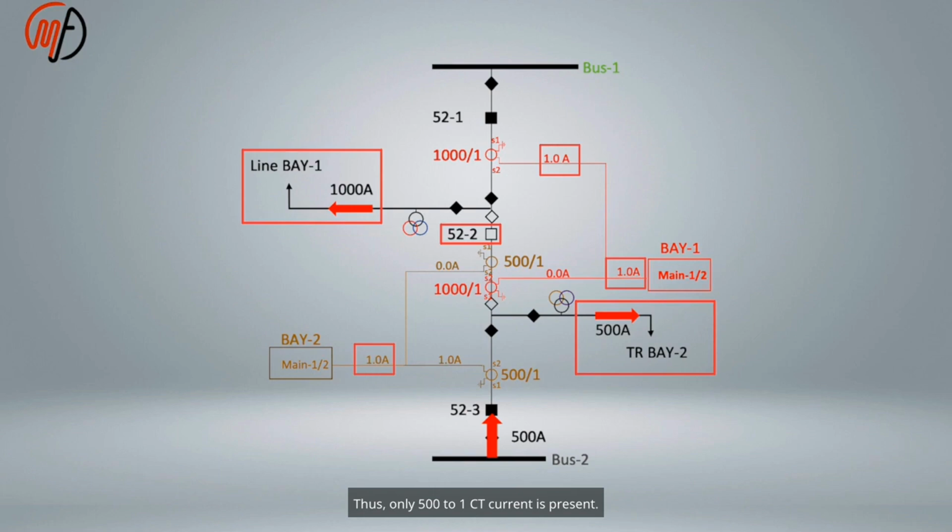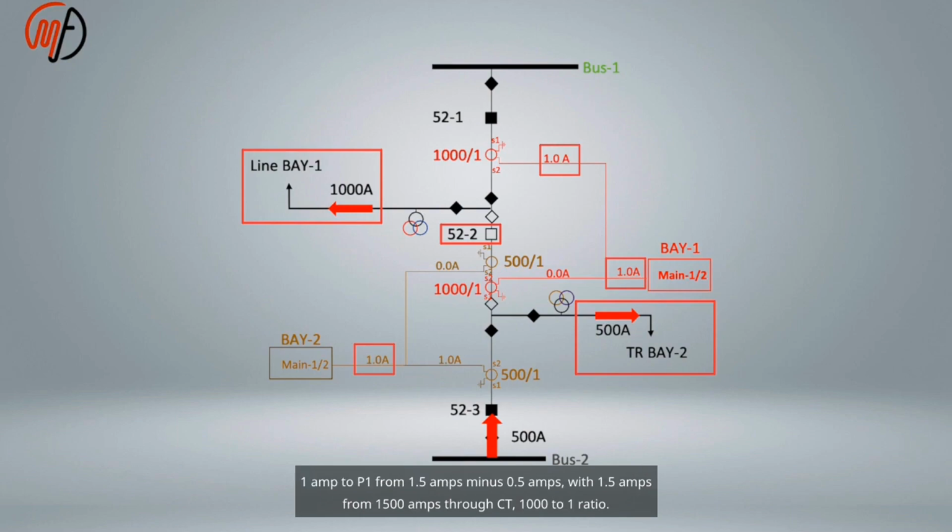If breaker 52.3 for bus 2 is open and each P's current remains, the vector sum on P1 and P2 stays at 1 amp. The 1 amp to P1 is from 1.5 amps minus 0.5 amps, with 1.5 amps from 1500 amps through a CT with a 1000 to 1 ratio. So I only have 1 current coming from the 500 to 1 in this CT.